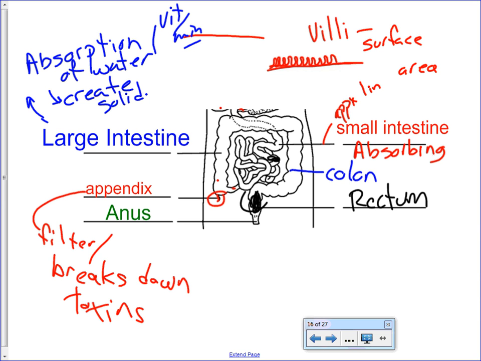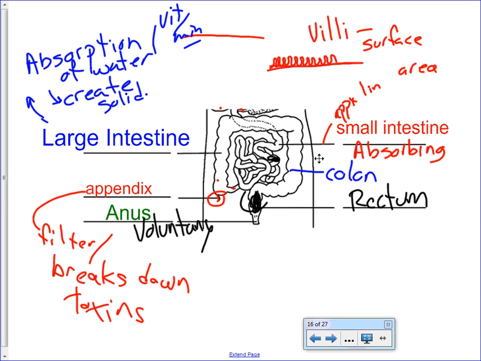When the waste reaches here, there are little receptors in your nervous system that say, aha, I think I need to borrow the bathroom pass, right? And then, of course, we have voluntary control. There are actually two sphincters there. One's involuntary, but the anus is voluntary. And so the waste gets there for you to get rid of.